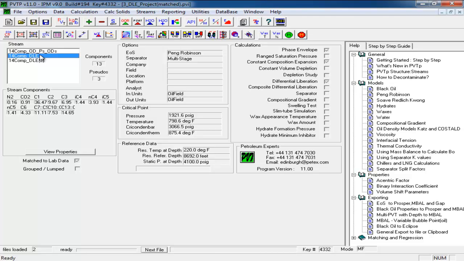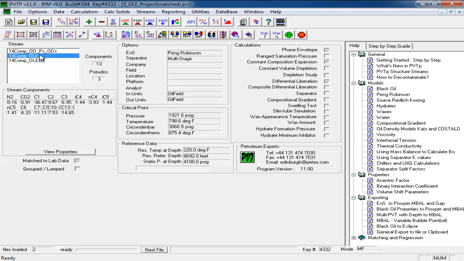I'm not sure about this percentage, let's keep that. But I know that for PSAT, it's okay to be off by plus or minus 50 psi. This is the range. For example, our bubble point is 2620 psi.